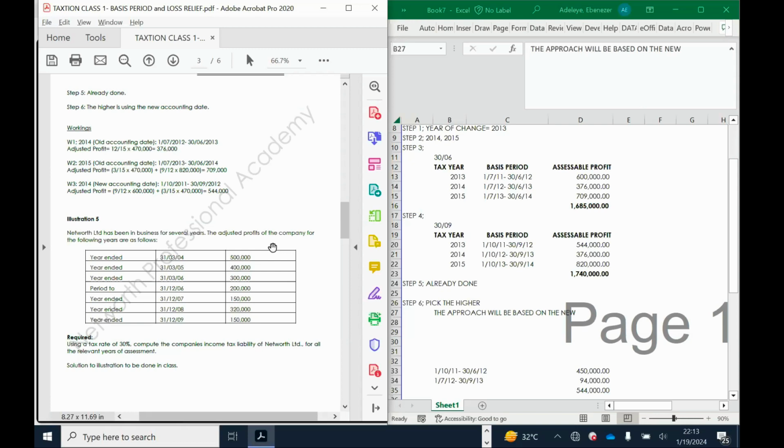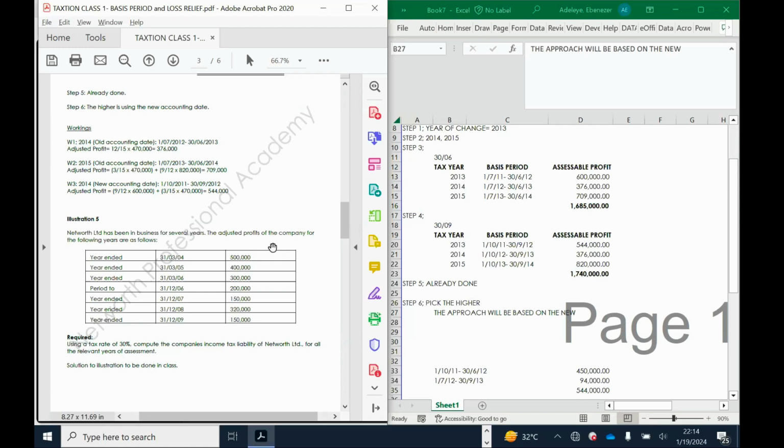Period to 31st December 2006, the adjusted profit is 200,000. The year ended 31st December 2007, the adjusted profit is 150,000.